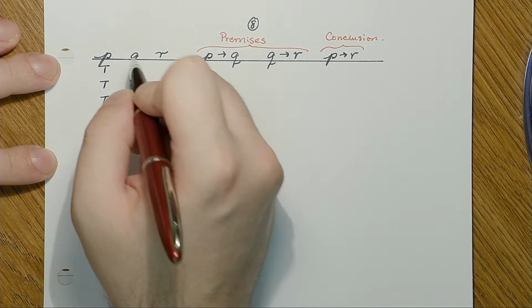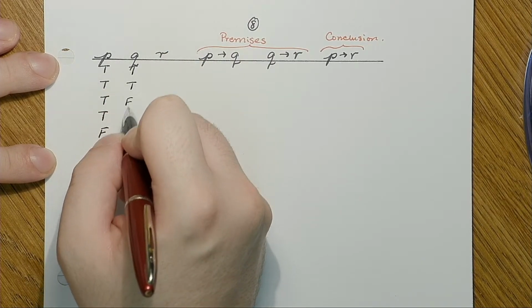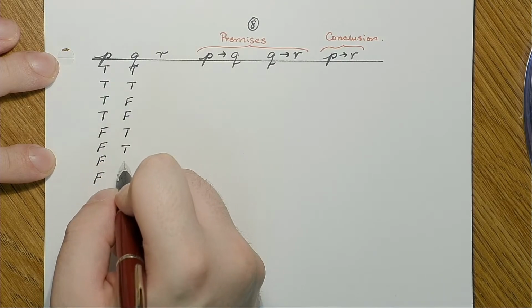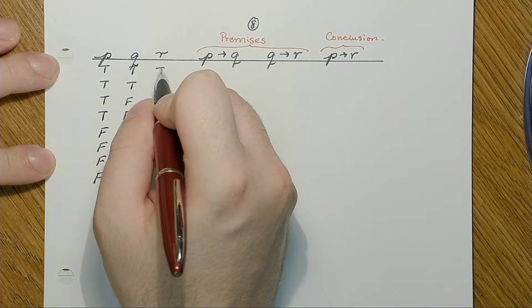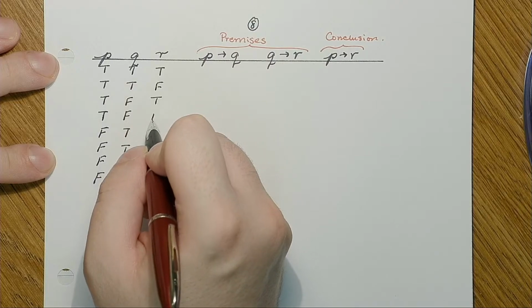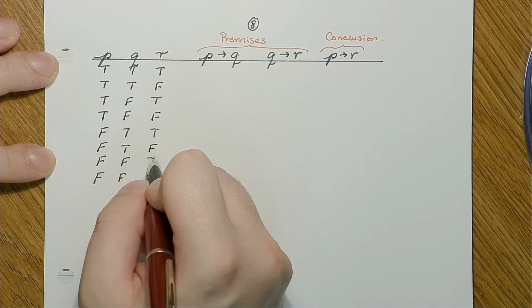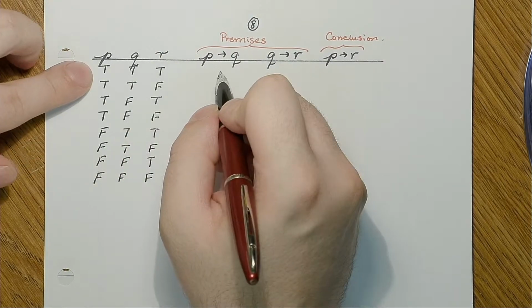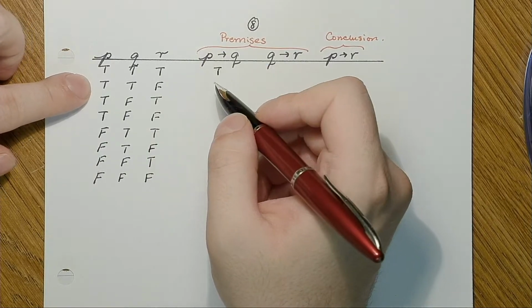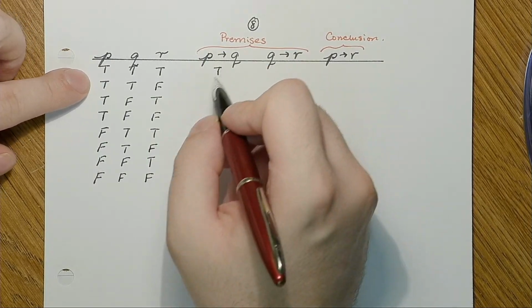So it means I'm going to have 8 lines. And we just do the implication rule here.